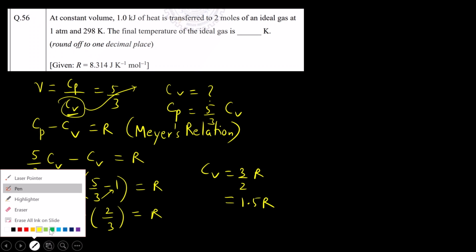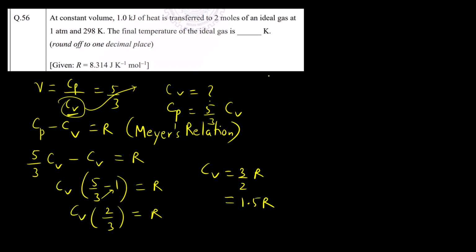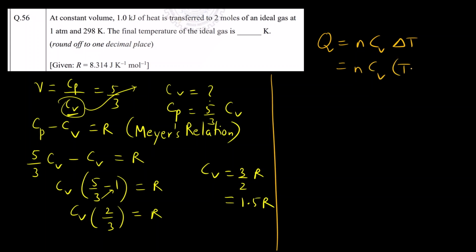Now it is easier. We can substitute and find the value of final temperature. N Cv delta T, where delta T is T final minus T initial, is equal to Q. Now I can substitute all the values. Q is 1000 joule.